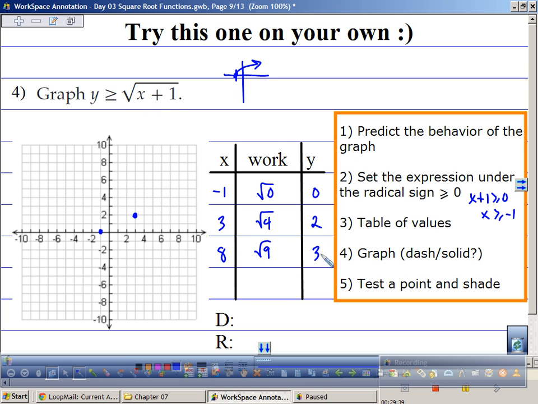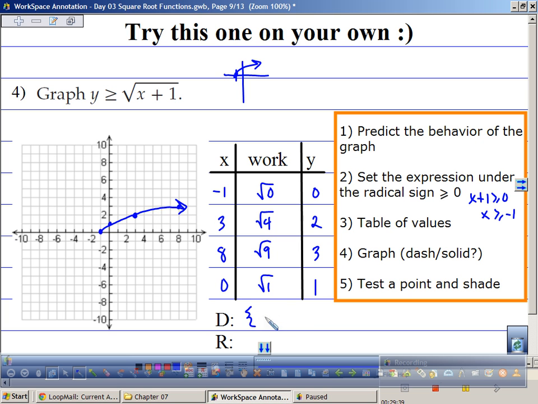Square root of 9 is 3. So 8 and 3. And what if I did 0? It would be the square root of 1, which is just 1. So 0, 1, that makes sense. This is a greater than or equal to, so I know it's solid.